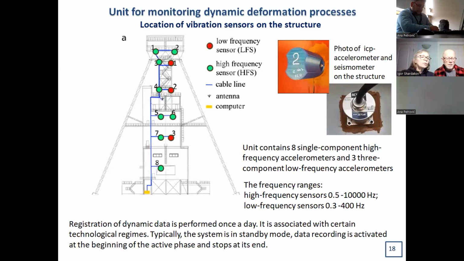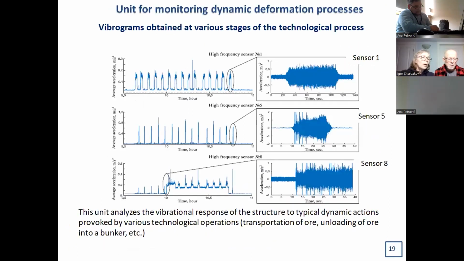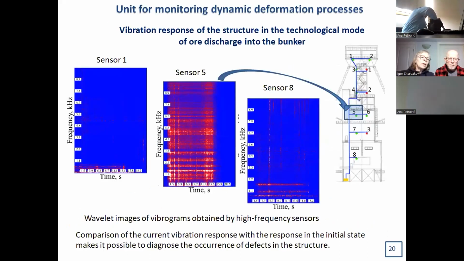Our system uses 2 groups of vibration sensors, high-frequency accelerometers and low-frequency seismic sensors. Here you see the vibrograms obtained at different stages of technological cycle. The software included in the monitoring system processes the obtained vibrograms using the wavelet transform. The results are presented on this slide.